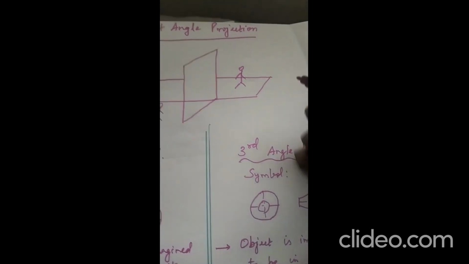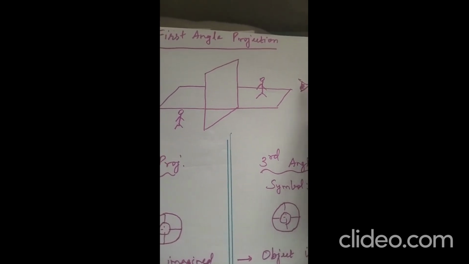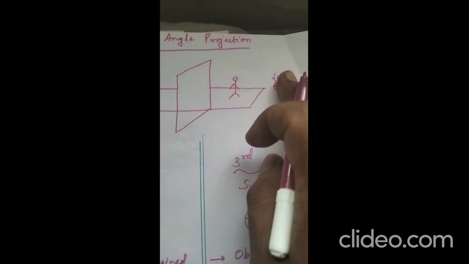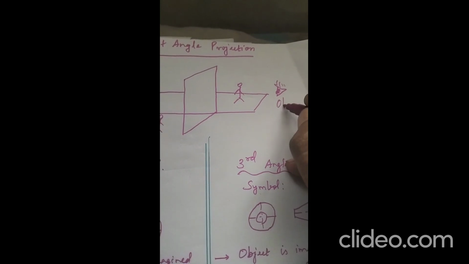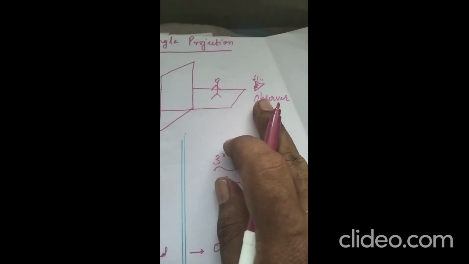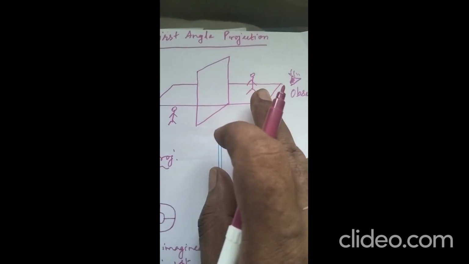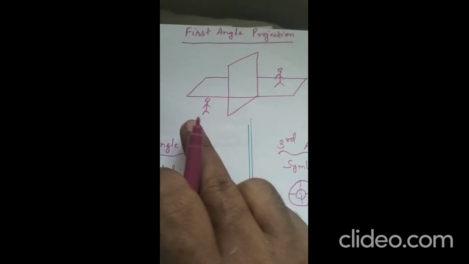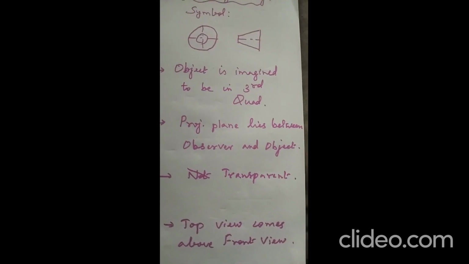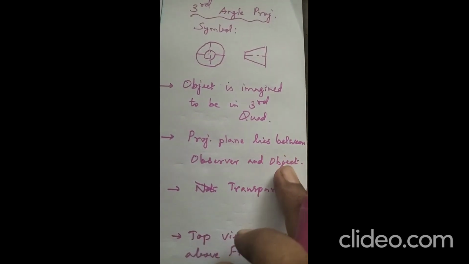For example, for clarity, if we have to draw the observer's eye, we can draw like this. So the observer is placed here, and the object is placed here in between the projection plane and the observer. Whereas in the case of third angle projection, the projection plane lies between the observer and the object.